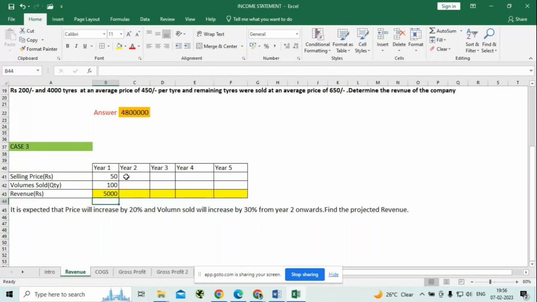See, what was the year one's sales price? 50 rupees. So how much is it increasing? By 20%. So that means what could be the sales price for the year 2?